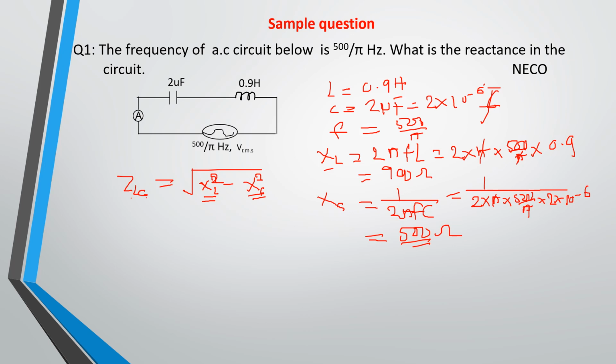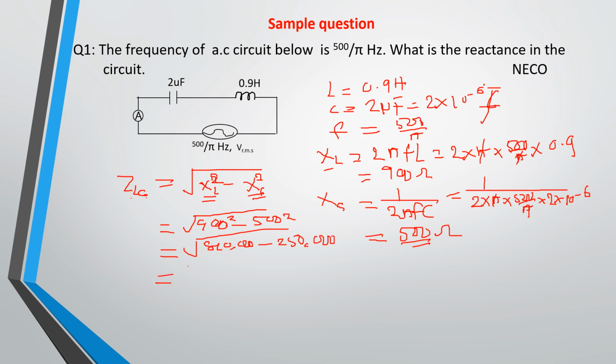Now you substitute into this particular equation. So if you bring this out to this equation, you have the square root of the square of 900 minus the square of 500, which is the square root of 810,000 minus 250,000.